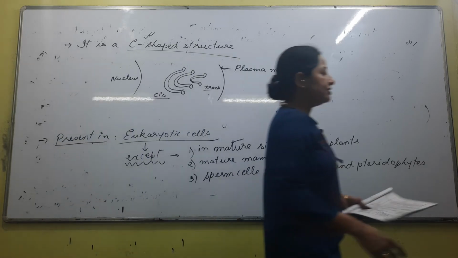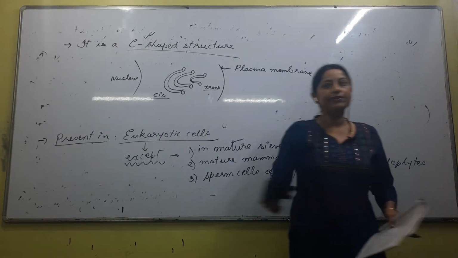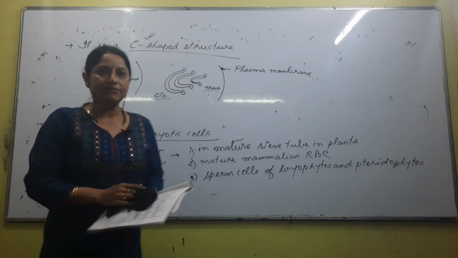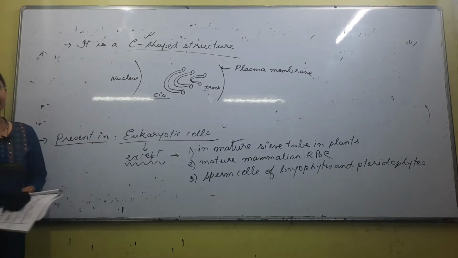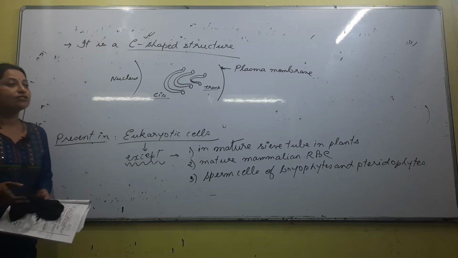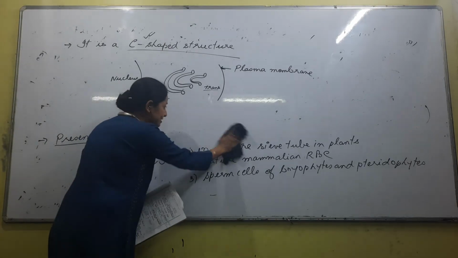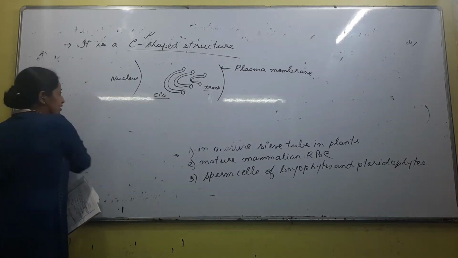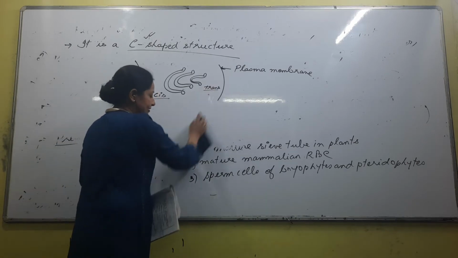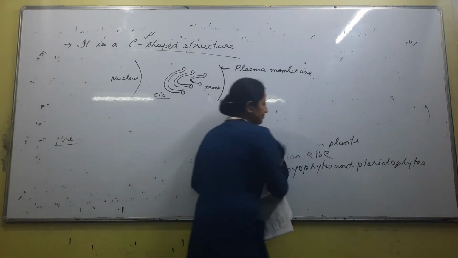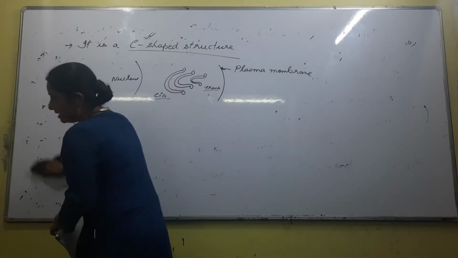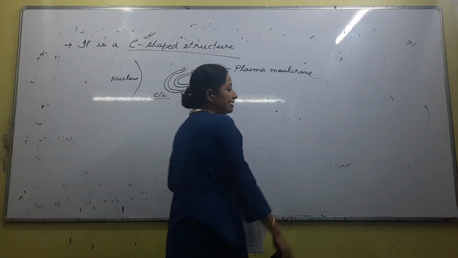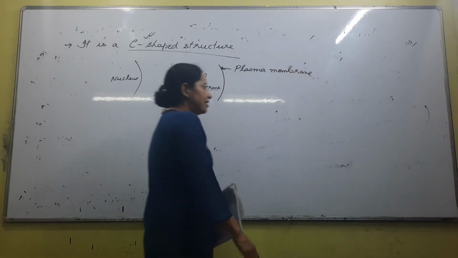So, Golgi body is a C-shaped structure, concave or convex side we understand, right? The convex side has a particular name, that is called the cis phase, and the concave side is called the trans phase. Another point is the maturing side of the Golgi body is called the trans phase. We will be writing about it. So, the phase towards the plasma membrane is called trans, the phase towards the nuclear membrane is called cis.